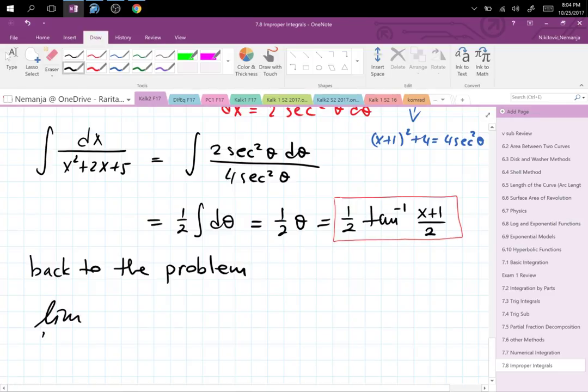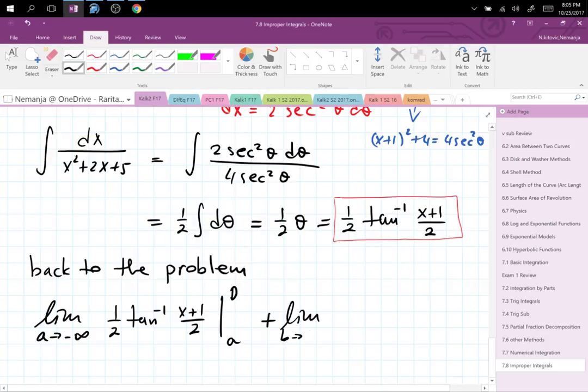We have limit a goes to negative infinity of 1/2 tangent inverse of x plus 1 over 2 computed from a to 0, plus limit b goes to infinity of 1/2 tangent inverse of x plus 1 over 2, 0 to b.